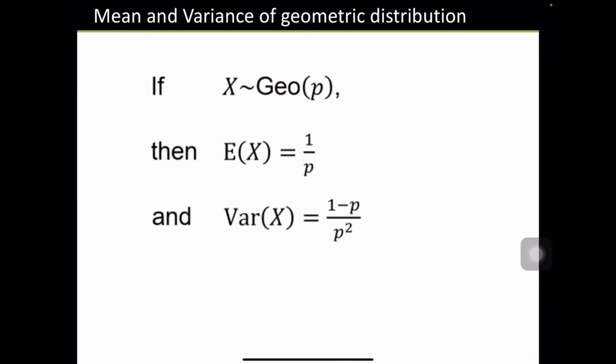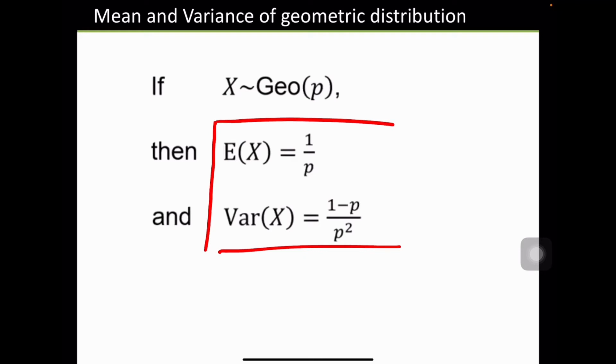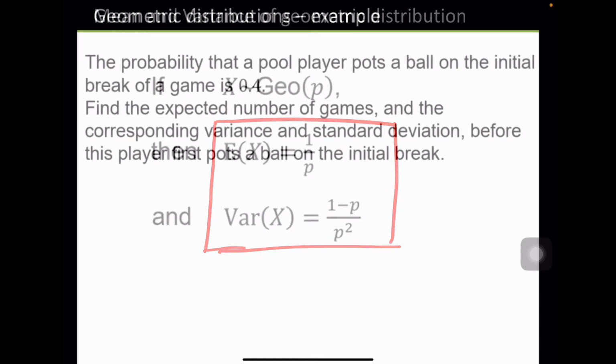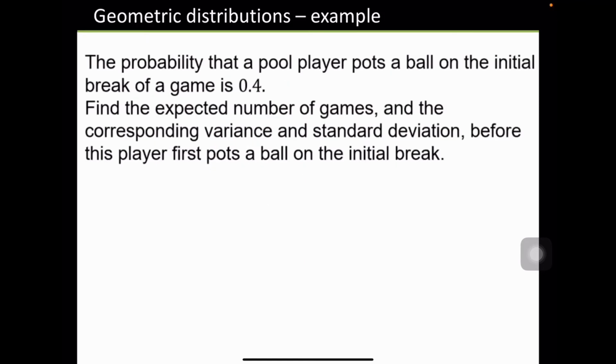So this is the information I'd like you to copy into your books. As I said, it will be provided to you in an exam. Here we have an example where we need to work out the mean, variance, and standard deviation.